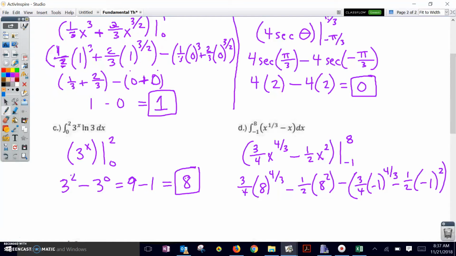And we'll calculate all these values. 8 to the 4/3 is 16. And 8 squared is 64. And -1 to the 4/3 is 1. So 3/4 times 1. And -1 squared is also 1.